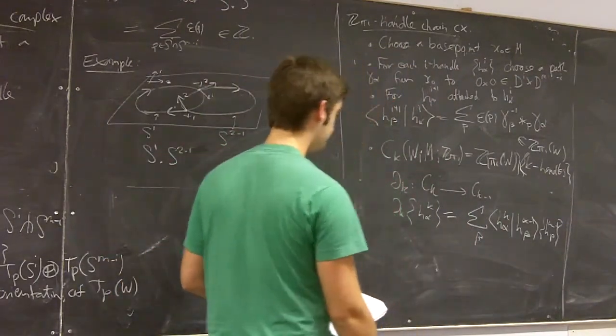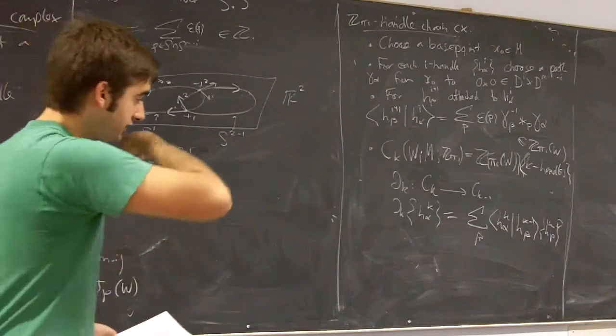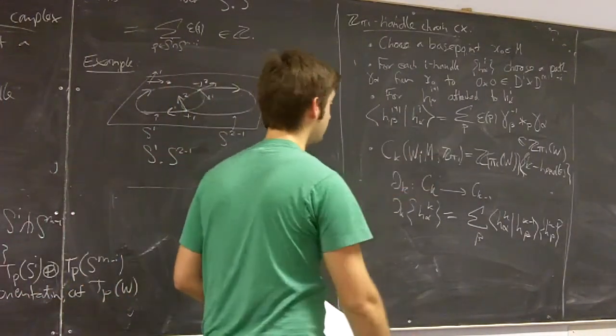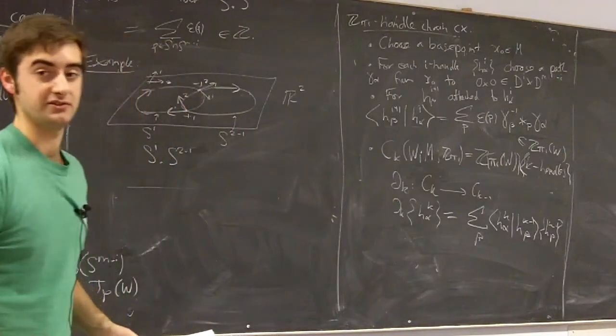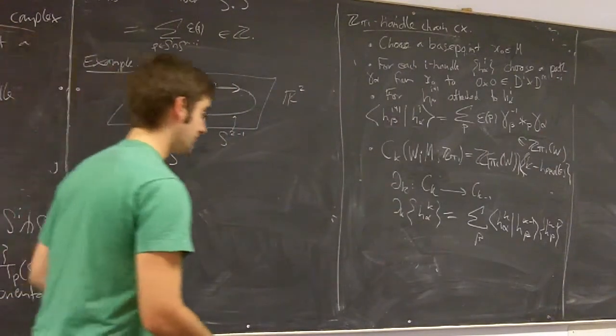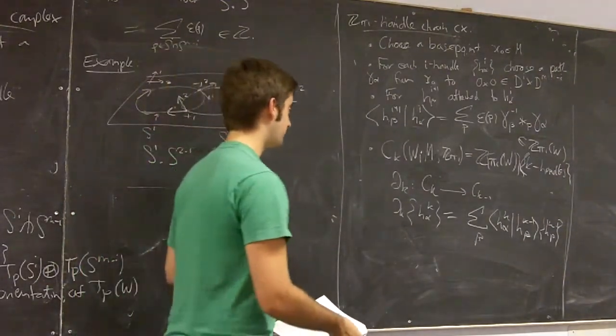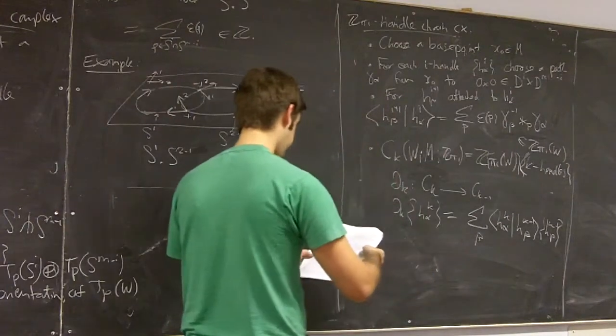And this should square to 0 because the handle chain complex is essentially a fattened version of the cellular chain complex, which we can assume has a boundary map that squares to 0.